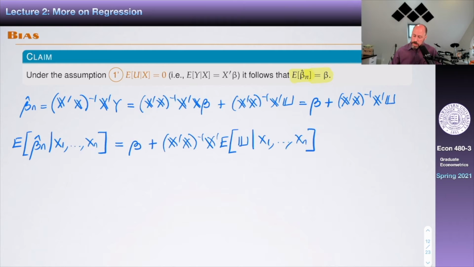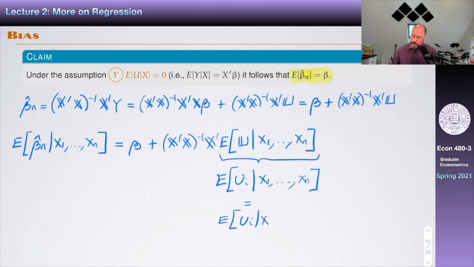And so this over here, if you view it element by element, is just going to be the expected value of ui given x1 through xn. But the data is IID, so the observations are independent across i. So this is the same as the expected value of ui given xi, and this is 0 by our assumption 1 prime above. And so we have that this is equal to beta.